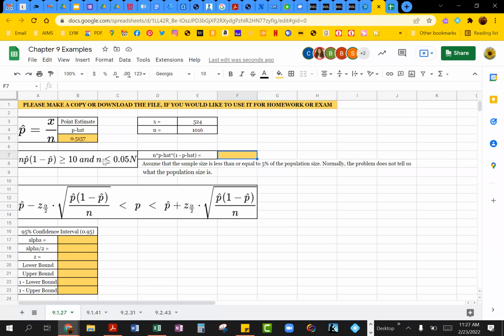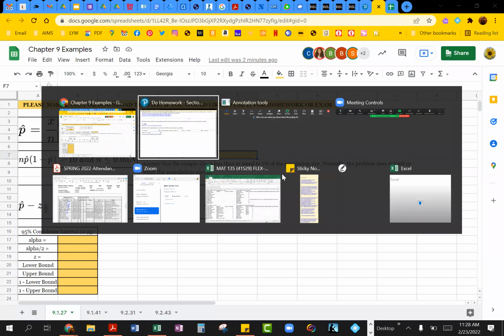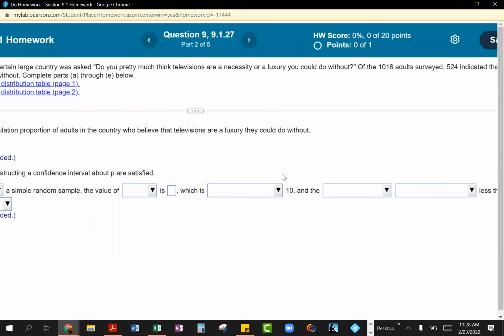We're going to check and see if our answer comes out to be at least 10 or more. And then the other one says your random sample, so this small n represents our random sample of 1016. Is it less than or equal to 5% of the entire population? The capital N will represent the entire population of this country. Honestly, in the example, they're not telling us what the population of the country is.